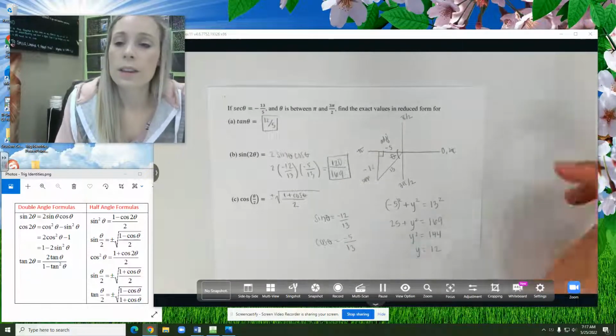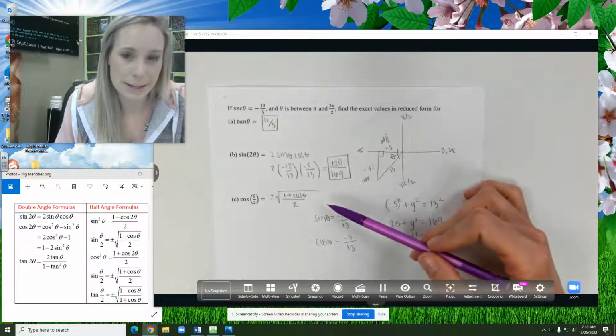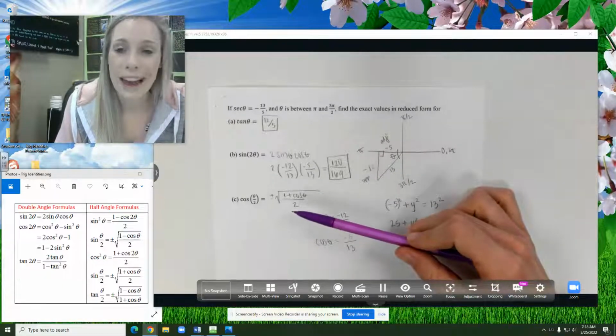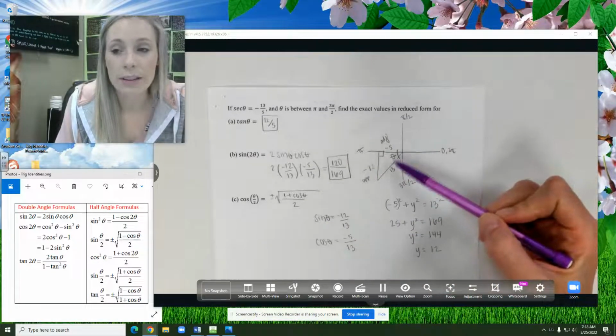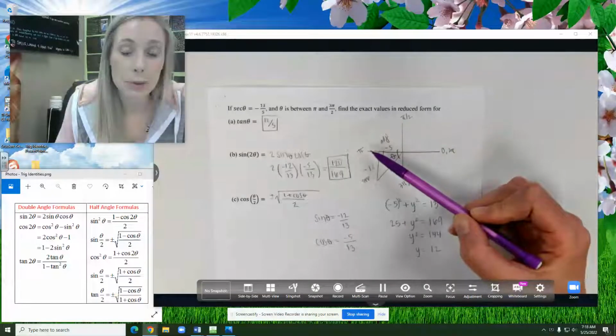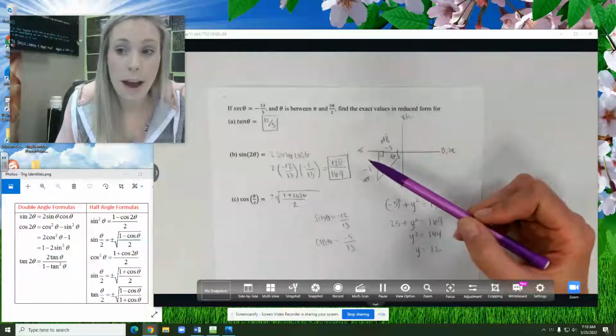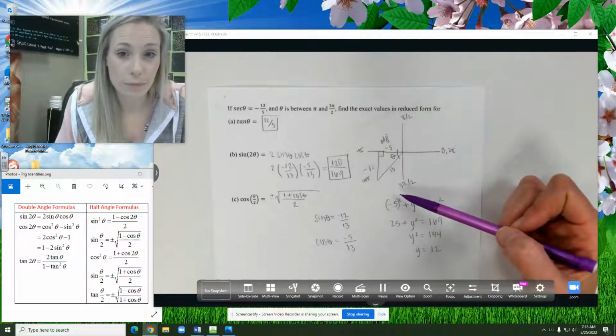Okay. The trickiest part about this is figuring out if it's going to be plus or minus. We are trying to find a half angle. The angle right here lives in the third quadrant. Our angle has to be between 180 and 270, or pi and 3 pi over 2.